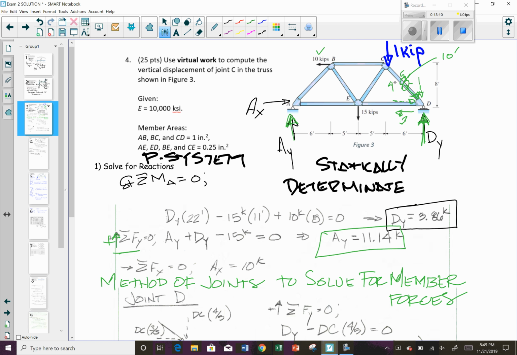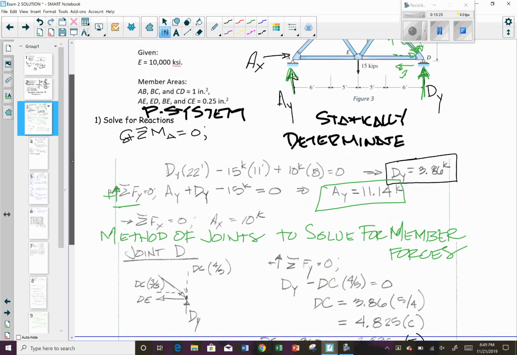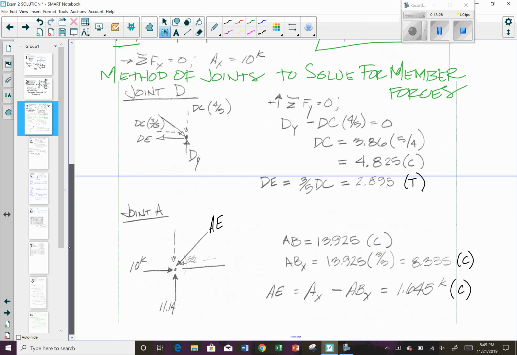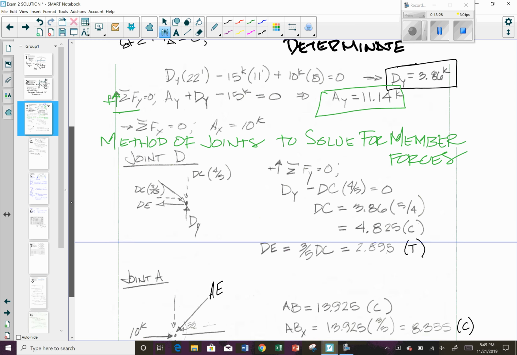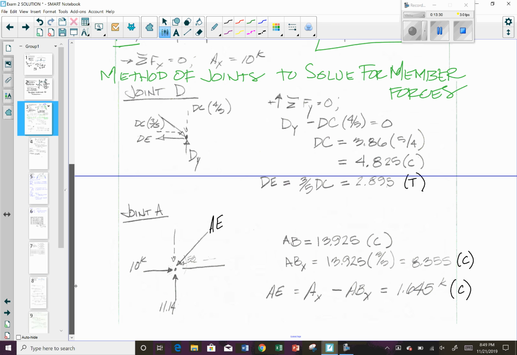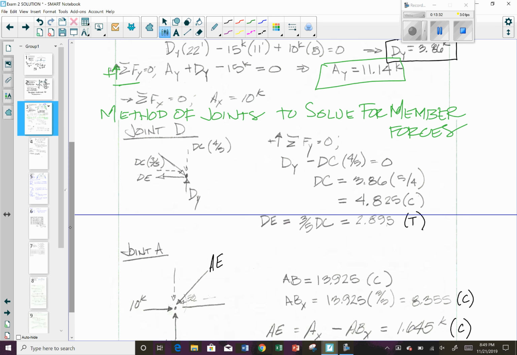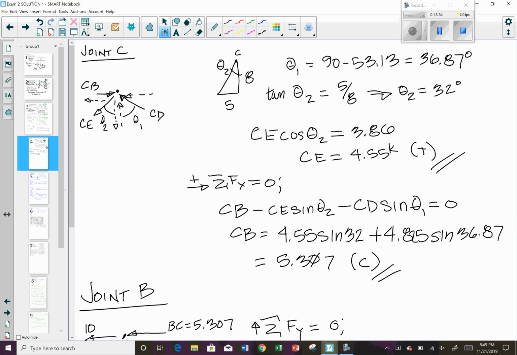This is 5, so this is a 4-5, it's not a 3-4-5 triangle. So you should be able to go through and see that this member is equal to 9 point something. I think I may have it down here. No, I don't. Let me see, is it on here?